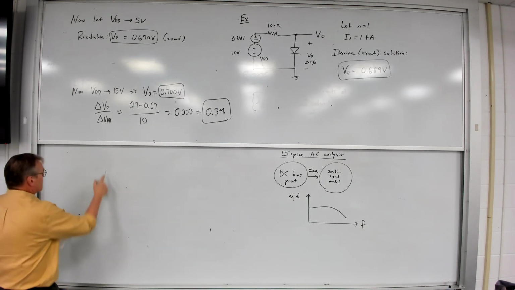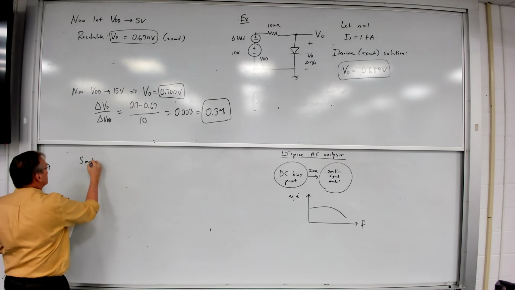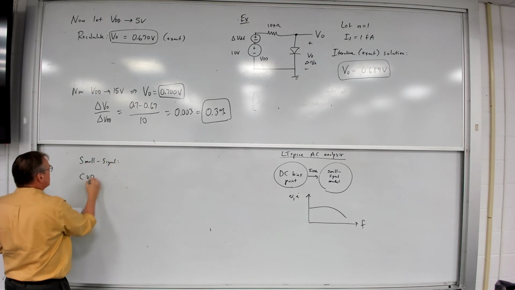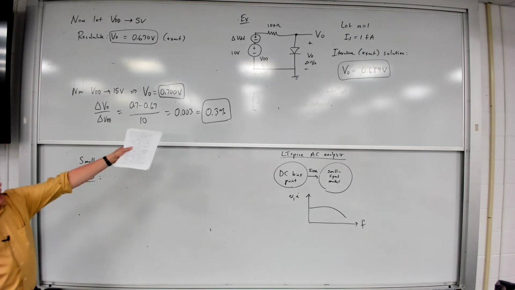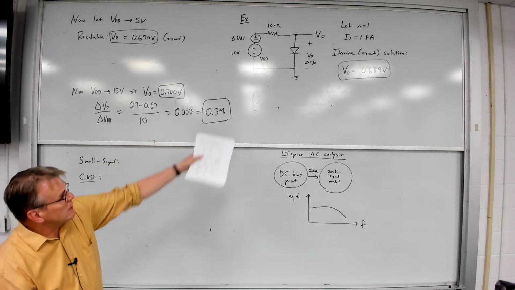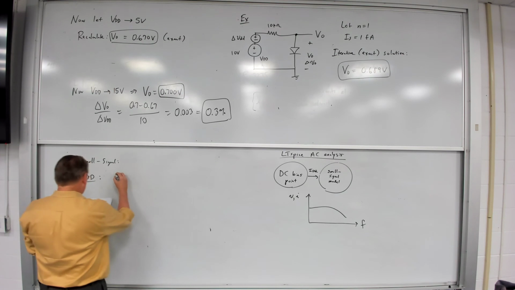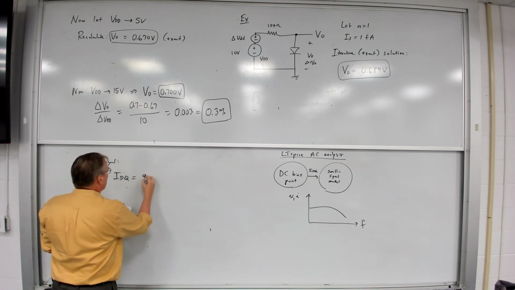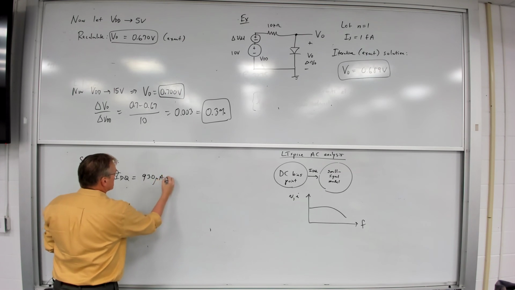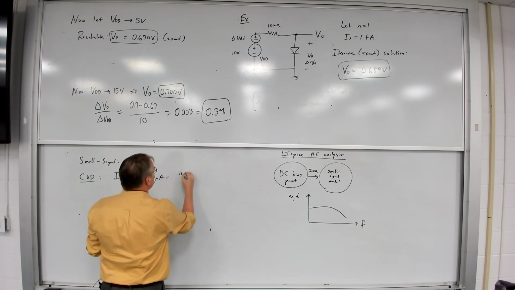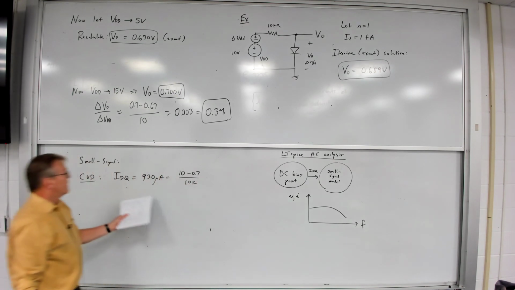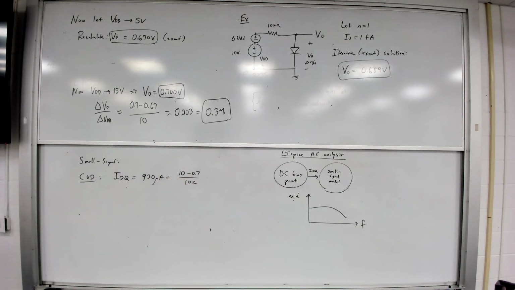All right, so for my small signal calculation, I'm going to use the CVD model first. I'm going to assume for a CVD calculation that IDQ will be equal to 930 microamps. So in other words, that'll be equal to 10 minus 0.7 divided by 10K. I'm just assuming the voltage drop across the diode is 0.7 volts.